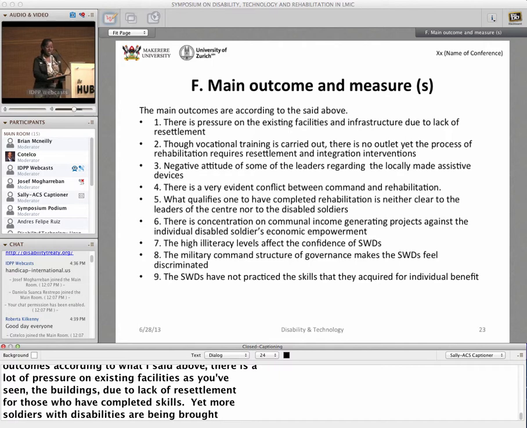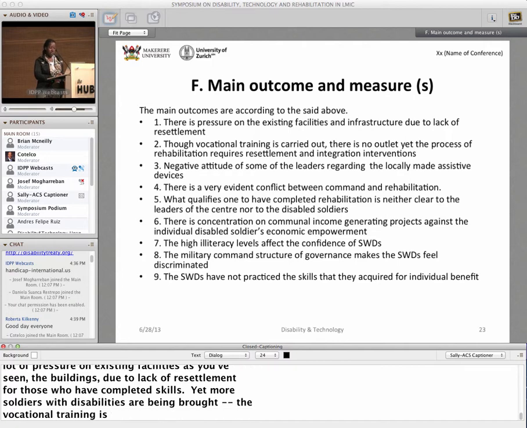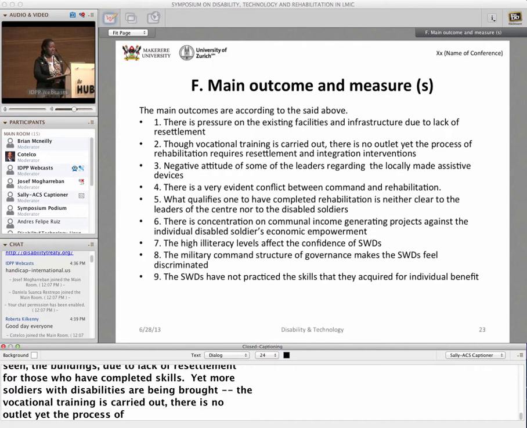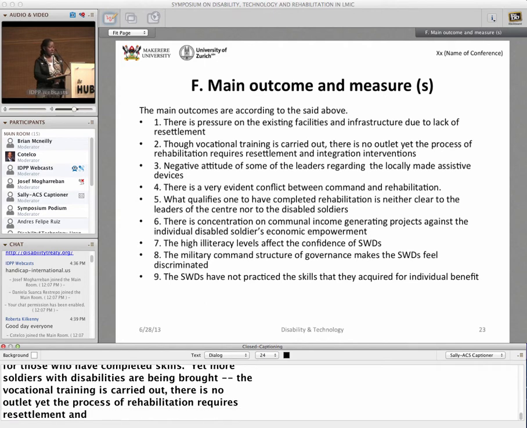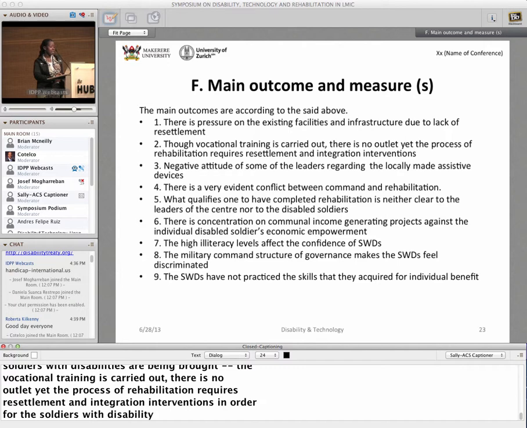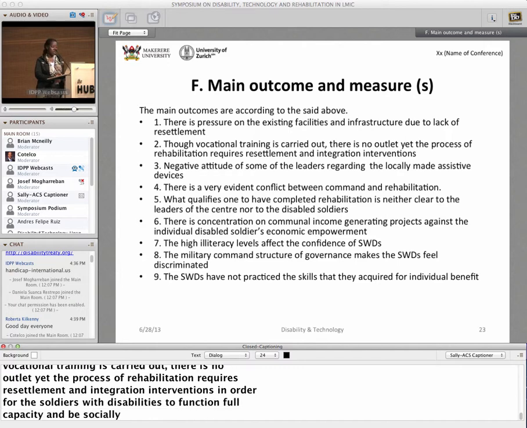Though vocational training is carried out, there is no outlet, yet the process of rehabilitation requires resettlement and interventions in order for the soldiers with disabilities to function to full capacity and be socially accepted in their communities.